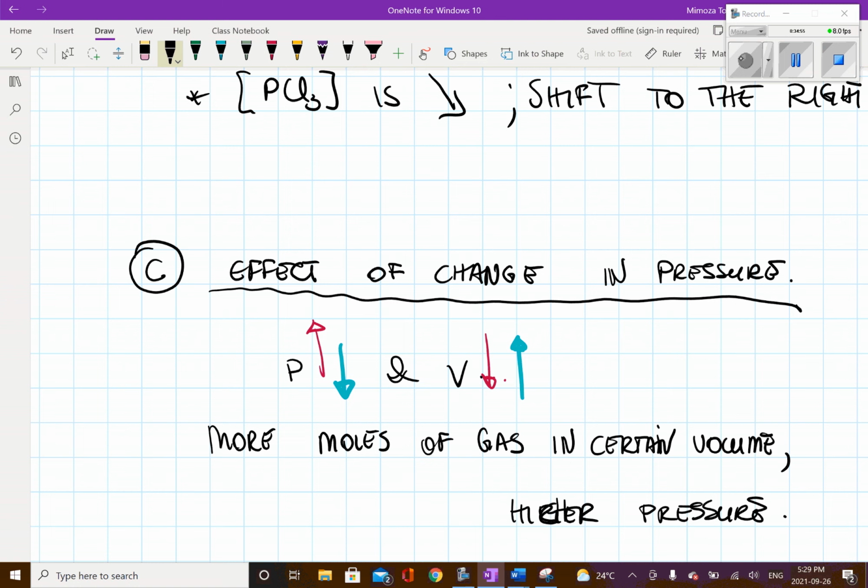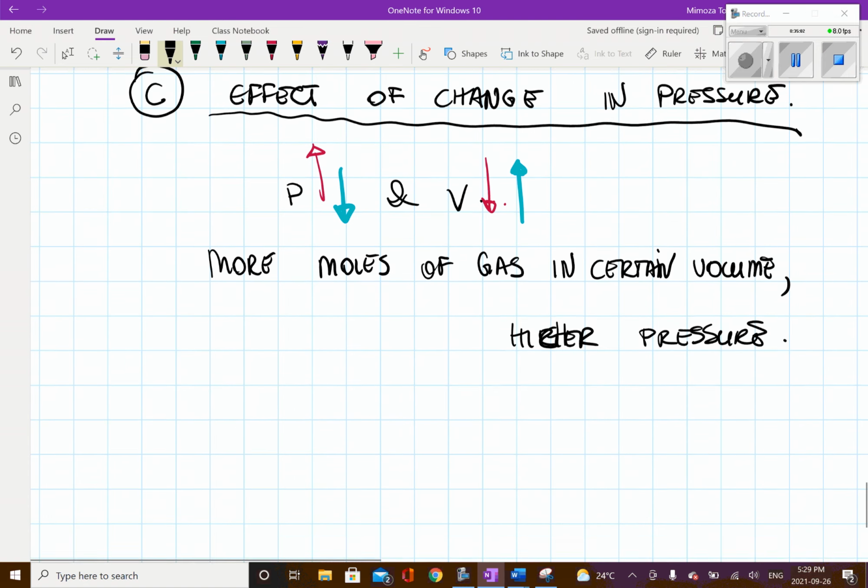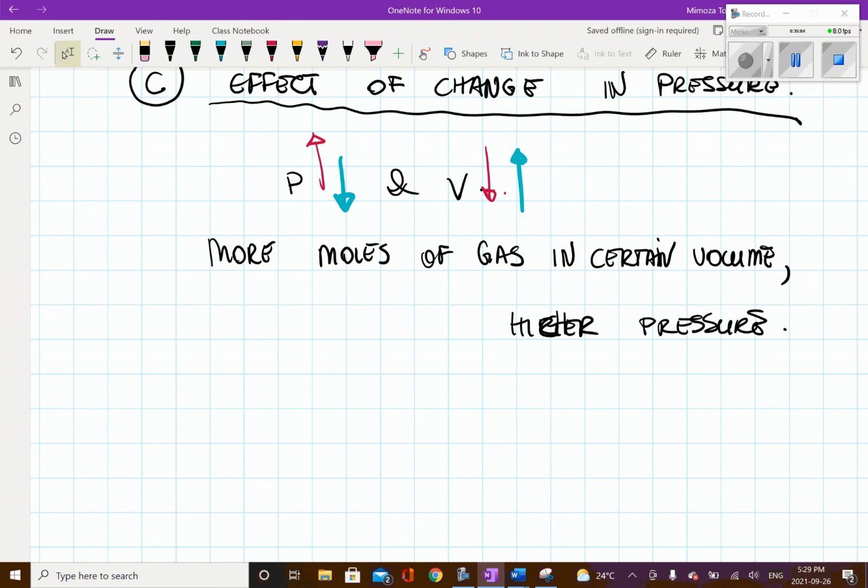Okay, so if the total pressure of the system at equilibrium is increased, the equilibrium will shift toward the side with fewer moles of gas.